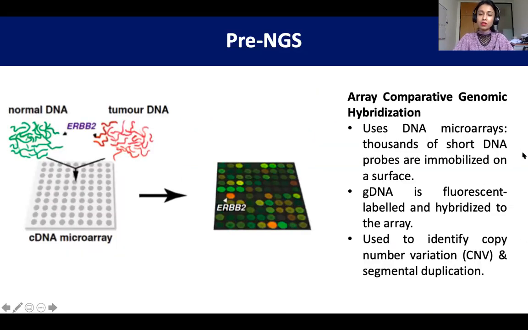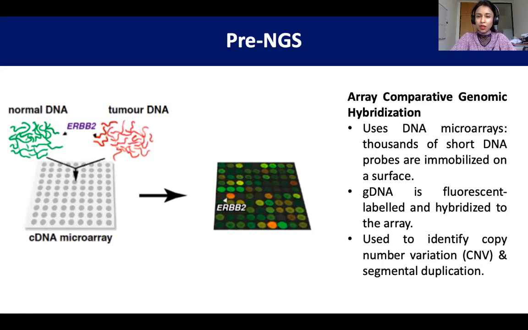Moving on, they also used to use array comparative genomic hybridization. So this is very similar to your cDNA microarray technique, where you have thousands of probes which are already tagged on your array, right?